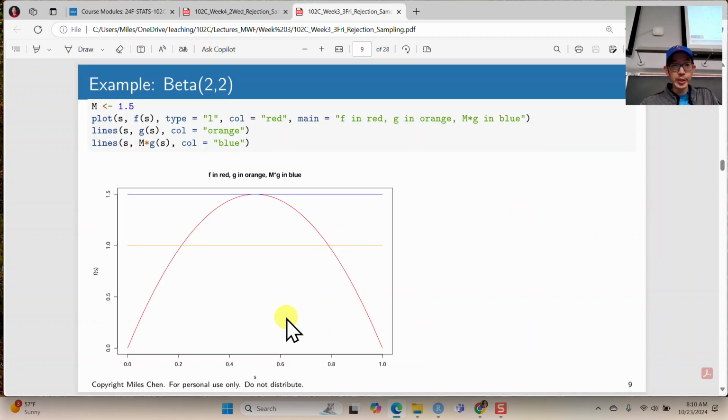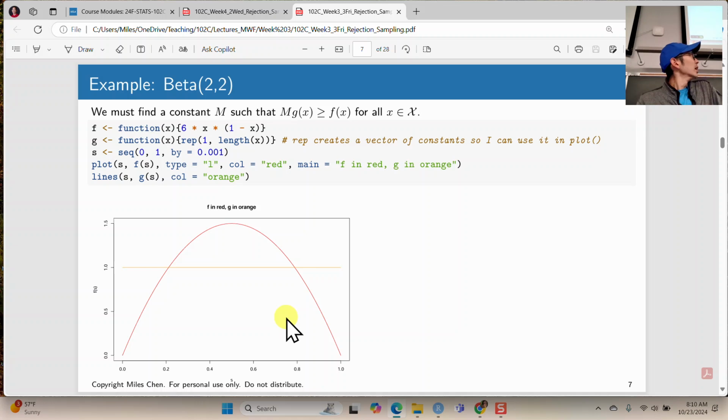Okay, so for the beta distribution, our target distribution that we want to generate from will be the beta 2,2 distribution, which looks like this upside down parabola. The proposal distribution G is going to be the uniform distribution, and we're going to multiply this uniform PDF, which is just 1, by a constant so that the constant times the PDF is greater than or equal to the target everywhere, okay?